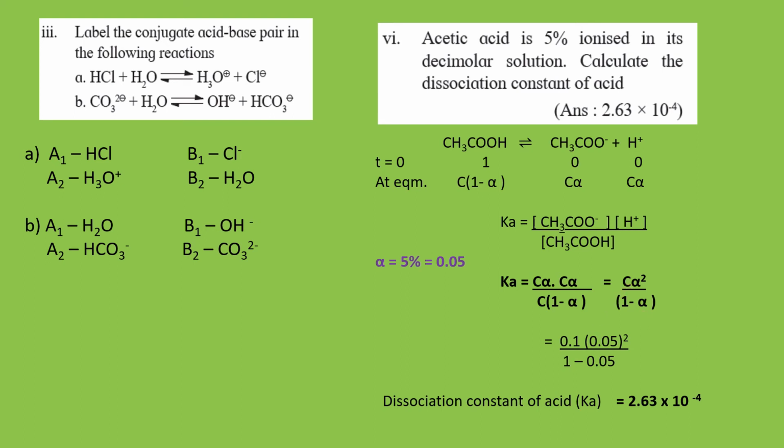Substituting C is equal to 0.1 and alpha is equal to 0.05, we can write 0.1 into 0.05 the whole square upon 1 minus 0.05, which is equal to 2.63 into 10 raised to minus 4. That is, the dissociation constant of acetic acid Ka is equal to 2.63 into 10 raised to minus 4.